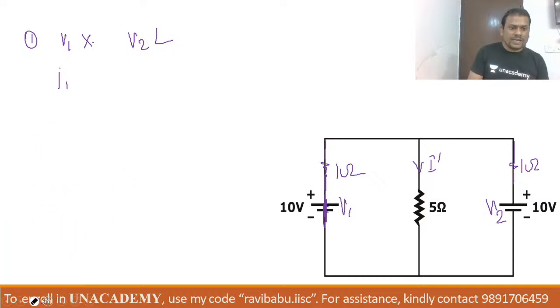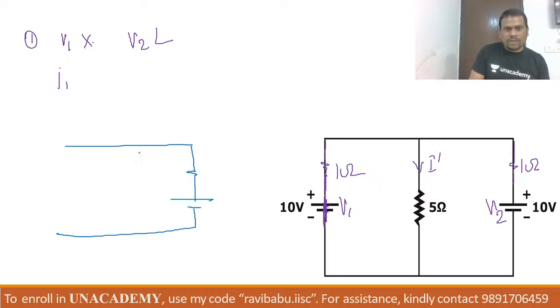Actually battery is connected opposite side, so that's why I want to give you same picture so that confusion should be 0. So this is 1 ohm, this is 10 volt, this is 5 ohm beta, and the last resistance is 1 ohm. So 1 ohm, 1 ohm and 5 ohm, and this one is 10 volt.